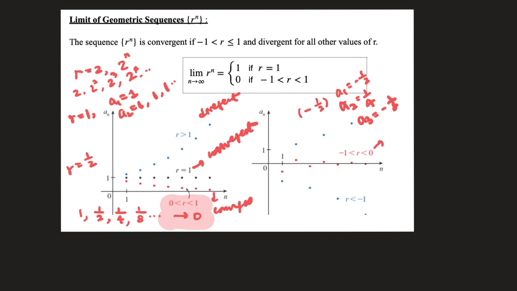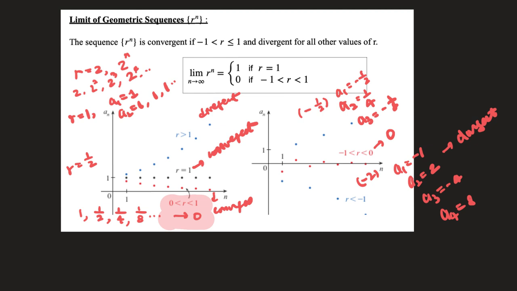So this one also goes to 0. Okay? R is greater than negative 1. Then what happens if R is negative 2? Same thing, it's alternating. Let's say the first term is negative 1, the second term is 2, the third term is negative 4, the fourth term is 8, but this one does not converge. The alternating values are increasing, so this one is divergent.